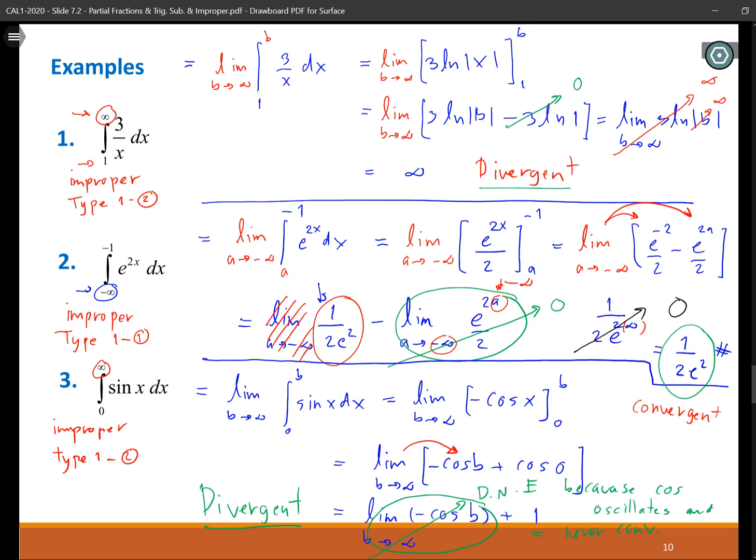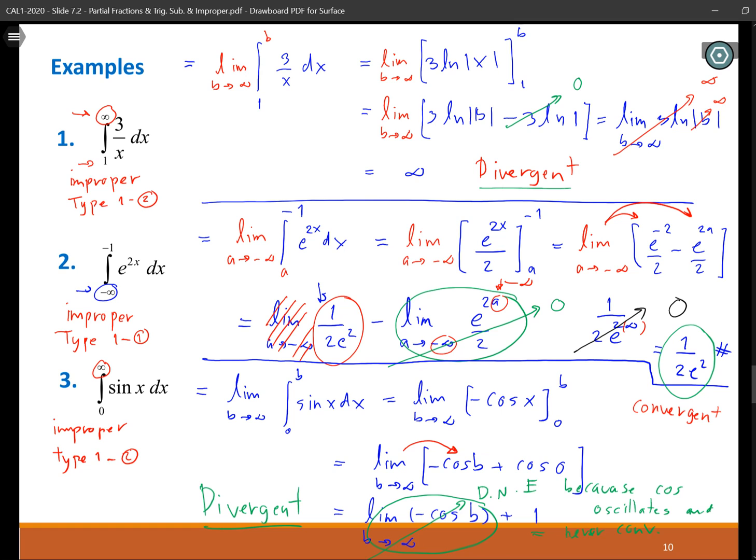Convergent means that it moves to a certain value, and that value is 1 over 2 e to the power of 2 here. And number 3 is divergent, but it's a different kind of divergent from number 1. It diverges because it never converges to any value. It just oscillates.